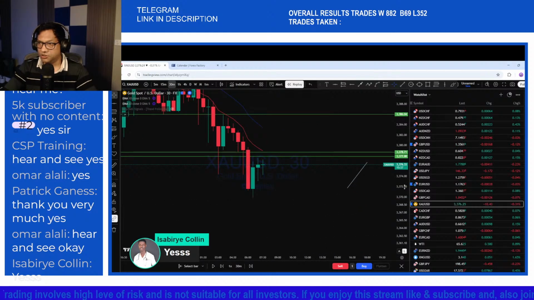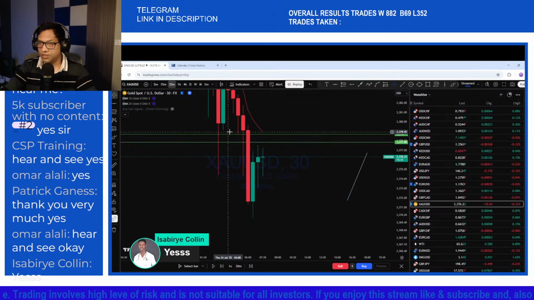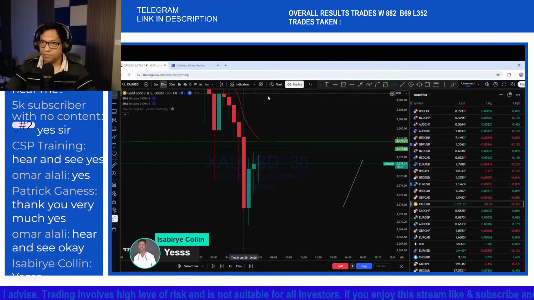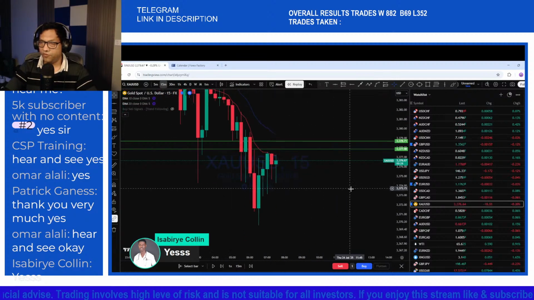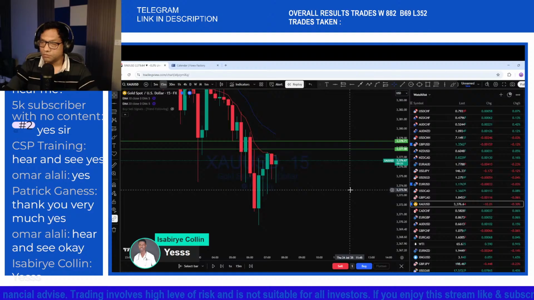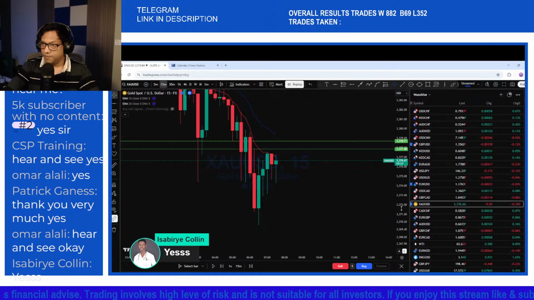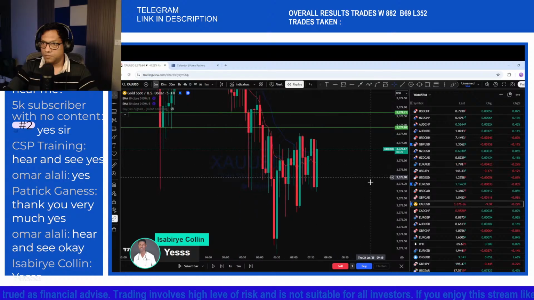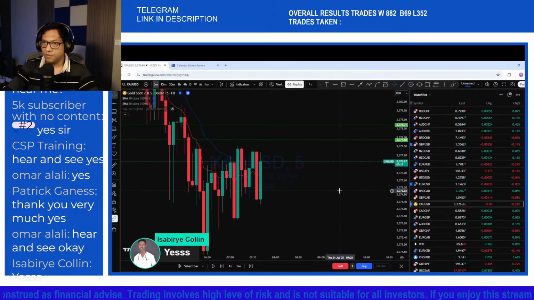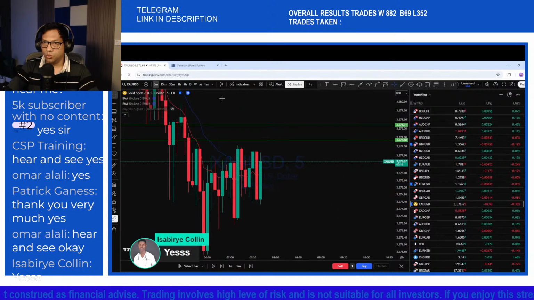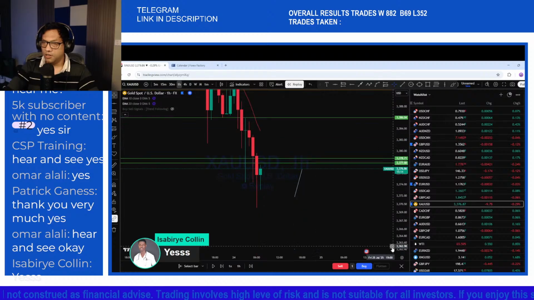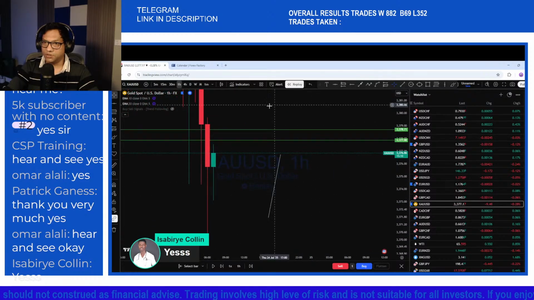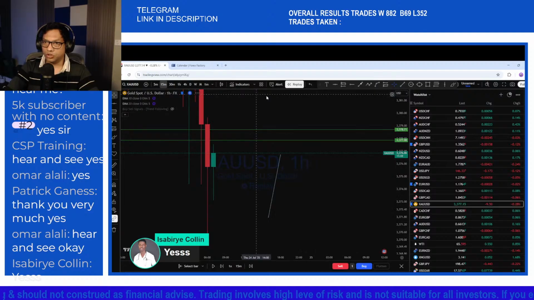Now 30 minutes also, and the 15 minutes price action is forming a doji. So the 1 hour is again looking at potentially bouncing here back to the upside and then rejecting back again.